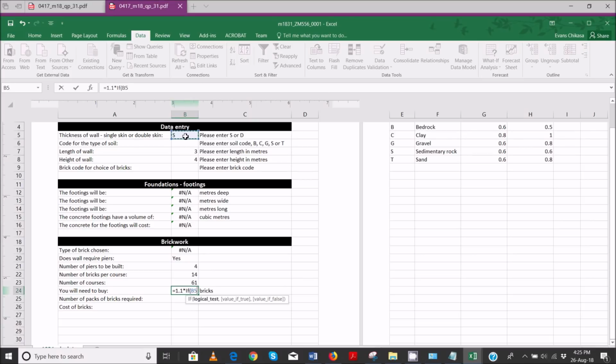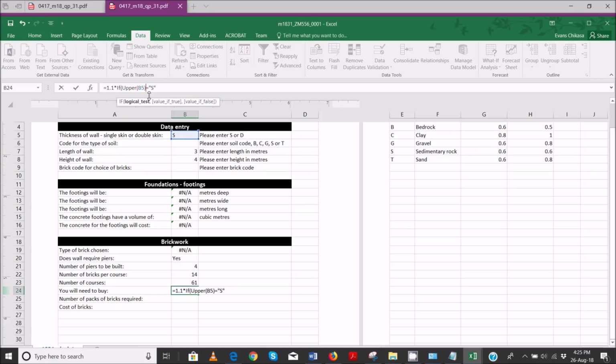So if B5 is equal to S, which is single skin, but notice in B5 we have S upper and S lowercase. So I'll convert everything to upper. You can convert everything to lower if you want. That's still fine, as long as you change what's in the quotes to small letter s.